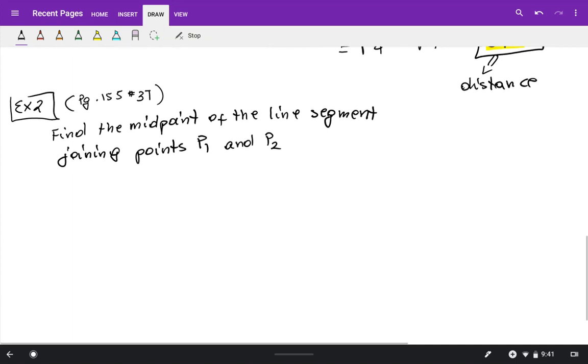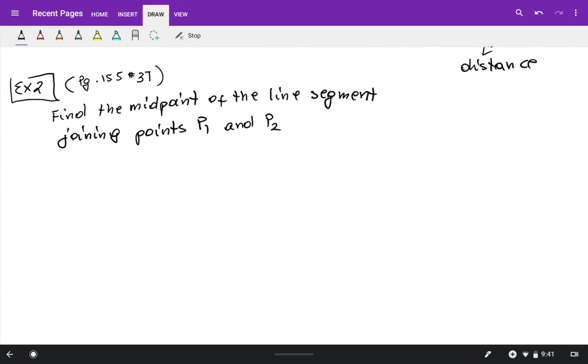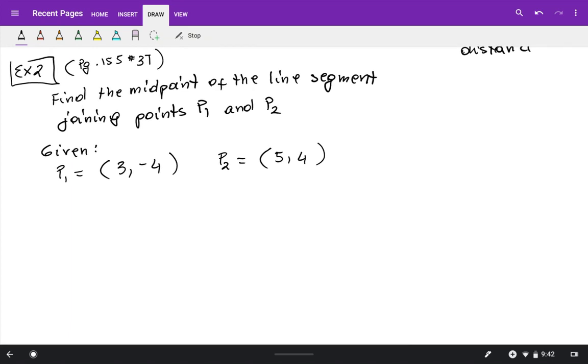So we're going to find the midpoint. What is given in this problem? They give you the coordinates of point P1, which is 3 comma negative 4, and the coordinates of point P2, which is 5 comma 4. And we need to find the midpoint.